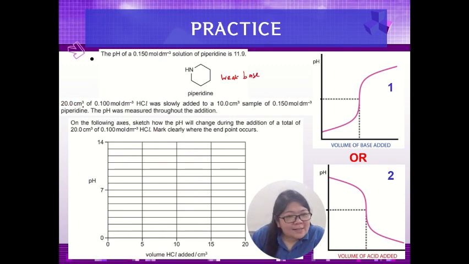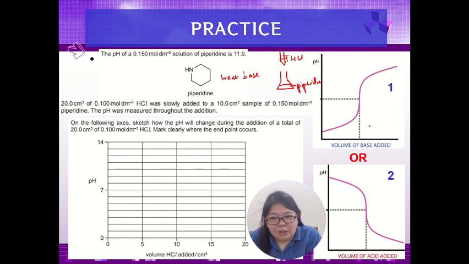Now 20 cm³ of HCl was slowly added to a 10 cm³ sample of this piperidine. So that means this time we have the piperidine in the conical flask and HCl in the burette.